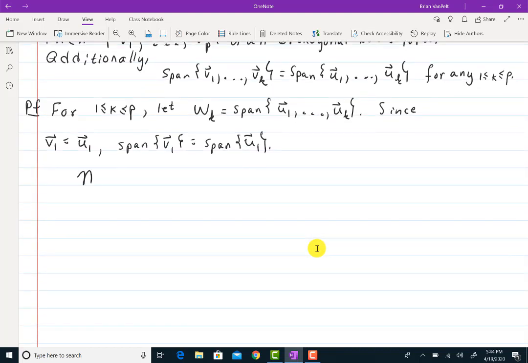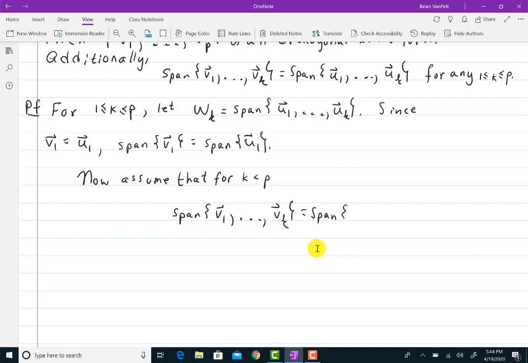Now, assume that for k less than p, the span of v1 up to vk equals the span of u1 up to uk.